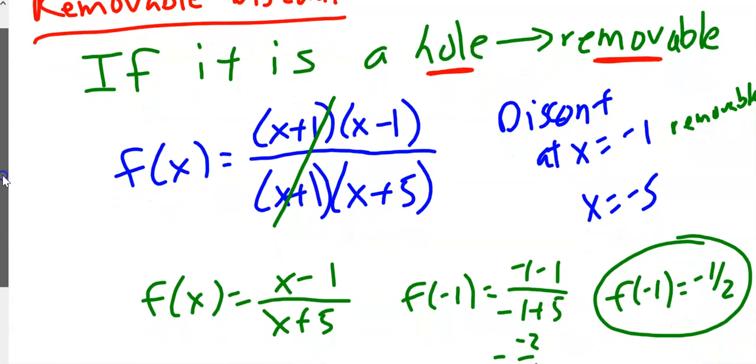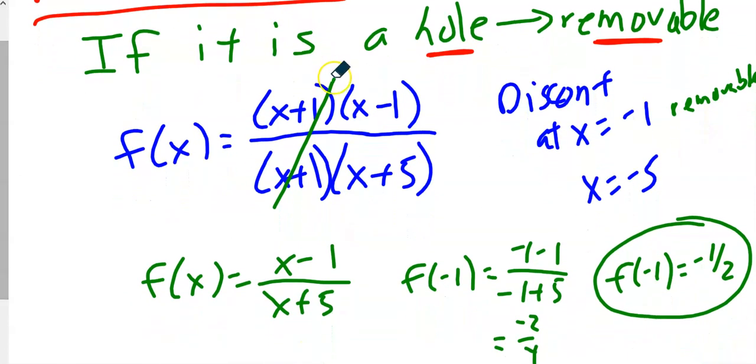When is it a hole? It's when it cancels off. If I had the numerator factored and the denominator factored, and it cancels off, that makes this value a removable discontinuity and therefore a hole. If it remains, that is a vertical asymptote.